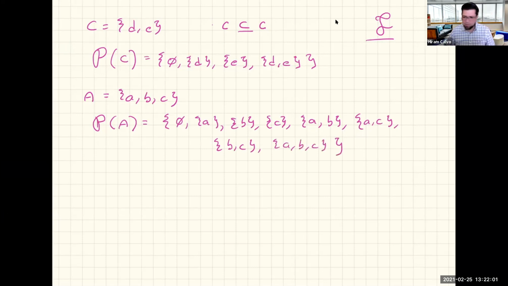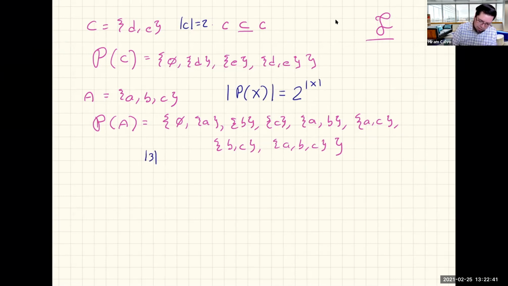And now the question: am I done? Did I miss any of the possible subsets? Well, there is a formula to know this. The cardinality of the power set of any set, let's write X, is exactly 2 to the power of the cardinality of the original set, which is, in this case, X. So if we try to measure for our examples here, we can say that the cardinality of C is 2, the cardinality of A is 3.